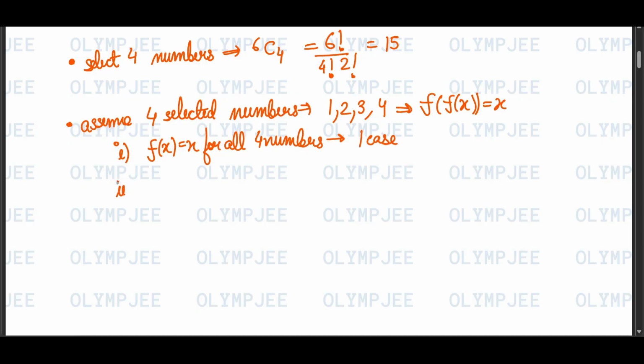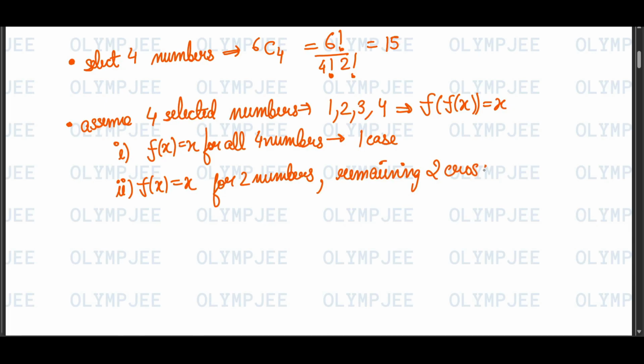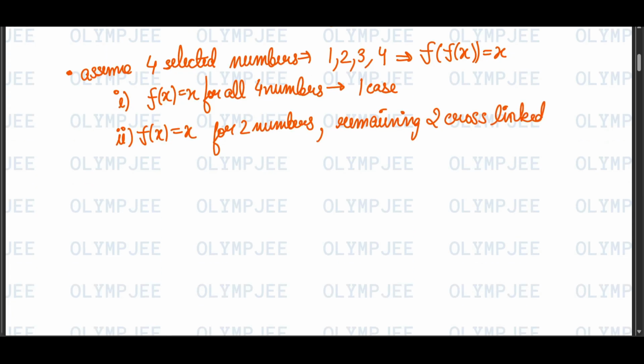The second case is that f of x is equal to x for 2 numbers and remaining 2 are cross-linked. So we can select 2 numbers from the 4 numbers.